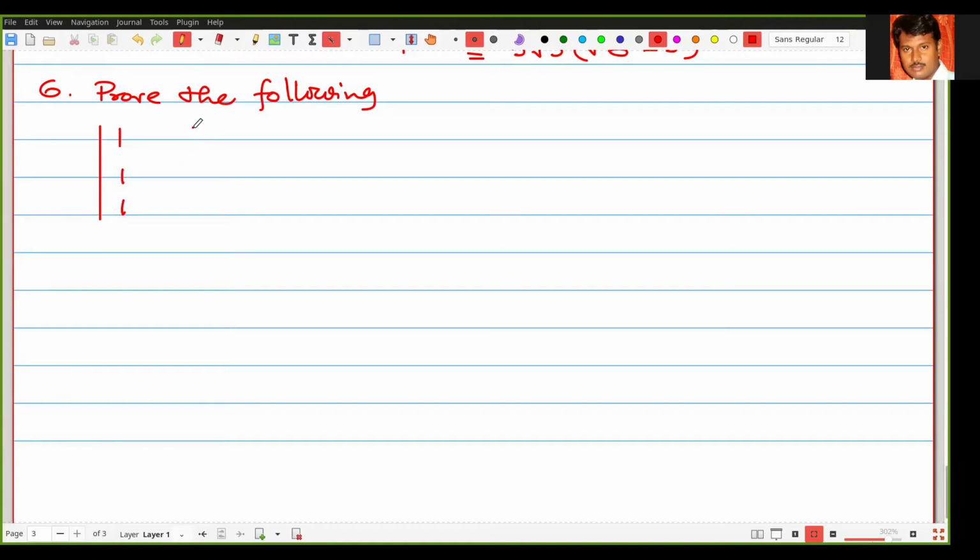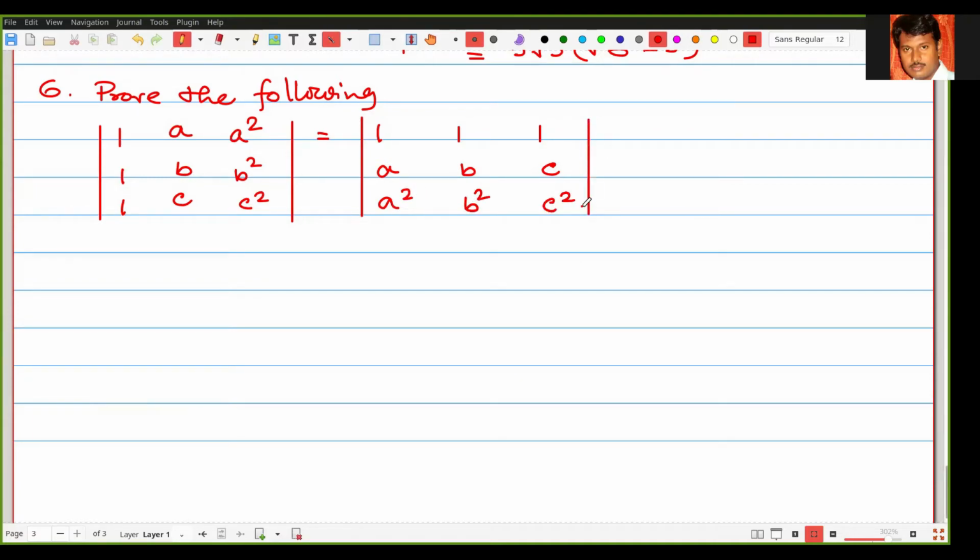That is the first determinant, first column, A, B, C, A square, B square, C square, is equal to 1, 1, 1, A, B, C, and A square, B square, C square, is equal to A minus B, B minus C, and C minus A.